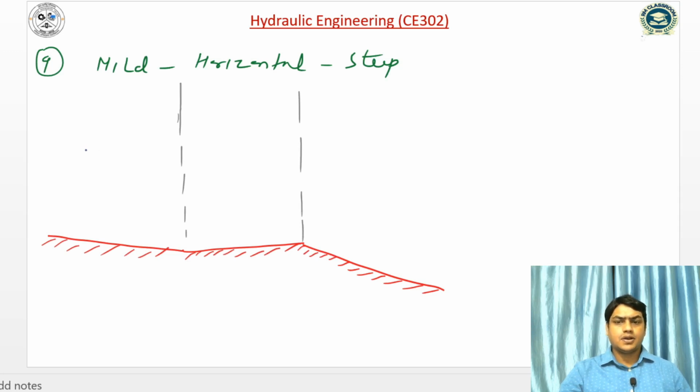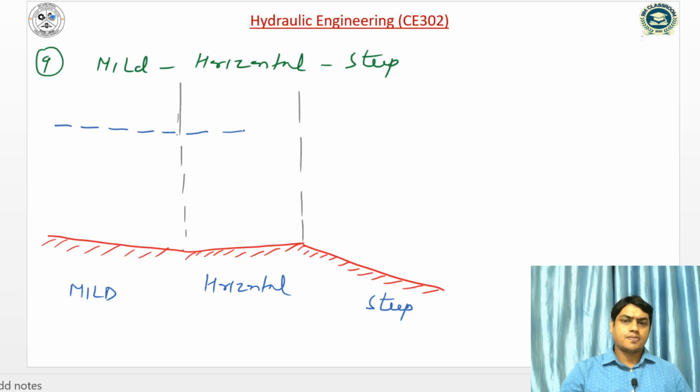So if I draw the critical depth line, this is mild, horizontal, steep. Just assume this is the critical depth line.